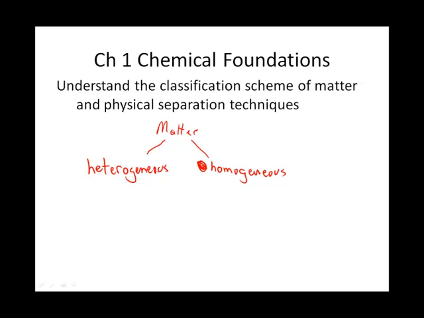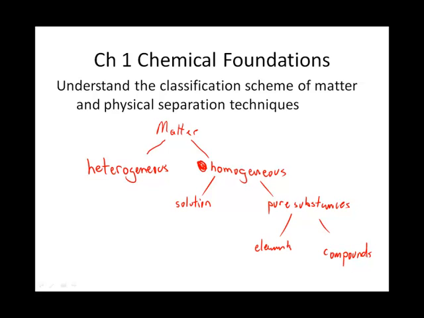Now, homogeneous simply means it's the same composition throughout. And of homogeneous matter, we have things that are solutions that have the same composition throughout the solution. Light will pass through a solution and things like that. And we have pure substances. Now, pure substances, of course, are things like elements and compounds.